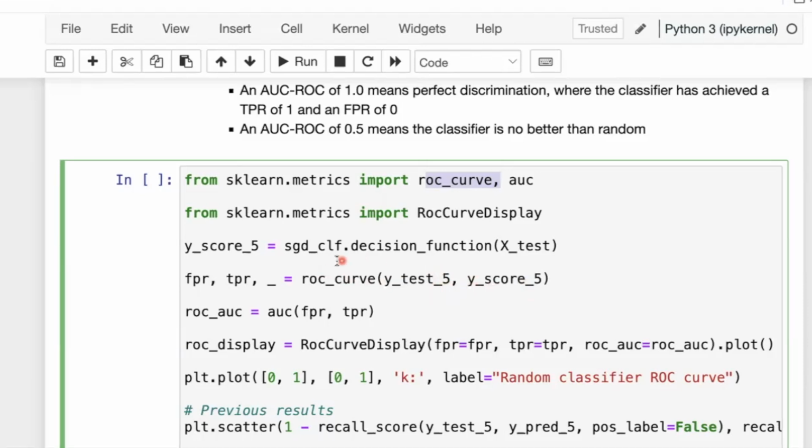These scores come from the decision function. So again, these are the thresholds that we really need here. So in this case, you can use the decision function method and pass this to the ROC curve, and you get false positive rates and true positive rates.